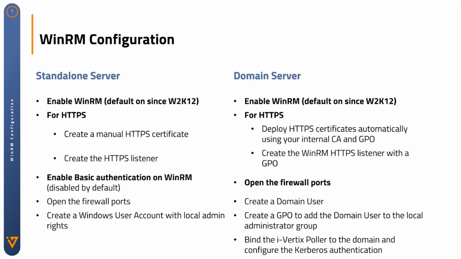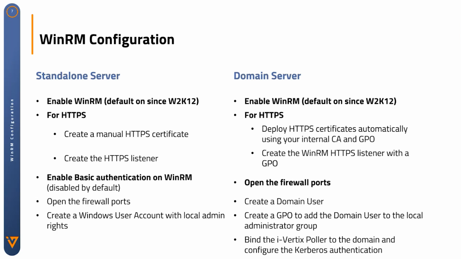On a domain, you can easily deploy the HTTPS certificates using your internal certificate authority and a template, and the certificate authority can then deploy and automatically renew the certificates, and the listener creation can also be done using a group policy.